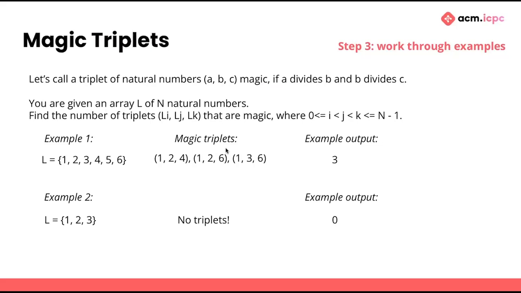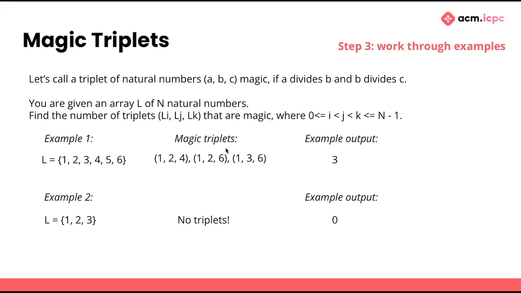We are given 2 examples, but we never really looked at what's going on there. So let's look into that. For example 1, we have 6 numbers, 1, 2, 3, 4, 5, 6, and the triplets that can be built from this list are 1, 2, 4, since 1 divides 2 and 2 divides 4; 1, 2, 6, since 1 divides 2 and 2 divides 6; and 1, 3, 6, since 1 divides 3 and 3 divides 6.